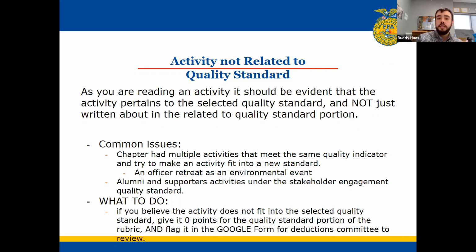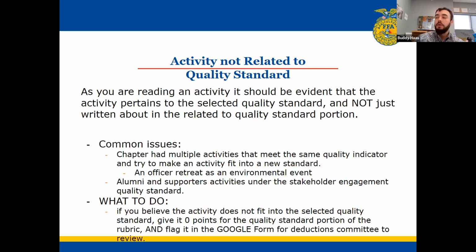But there are some ideas that when you're writing about an activity and you'd be reading it, you'd think, they're writing about this officer retreat as an environmental activity, and they did nothing outside. They did nothing with the environment. They didn't do anything about teaching how to become better stewards of the environment. Okay, that would be an example of an activity that would not relate to the quality standard.